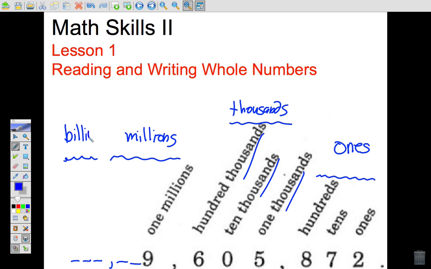And the furthest left set of 3 that we've already talked about would be the trillions. So these terms are just a general way of communicating a set of 3. We've already talked about the specifics of this place value chart. These are just more general terms.